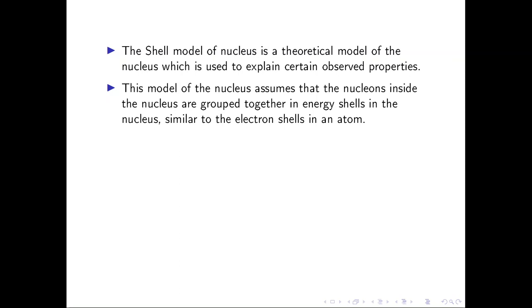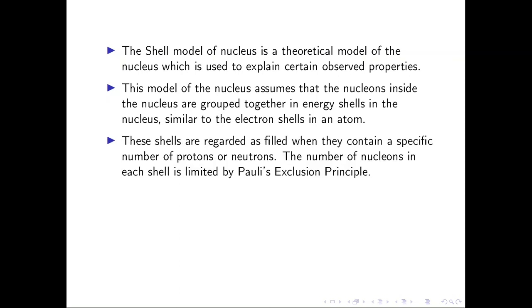Similarly, it was thought that the nucleons inside a nucleus also reside in energy shells. This is one basic consideration of the shell model of a nucleus. These shells are regarded as filled when they contain a specific number of protons or neutrons. As I told you, the number of nucleons in each shell is limited by Pauli's exclusion principle. Why? Because these nucleons are fermions, and hence they have to obey Pauli's exclusion principle.